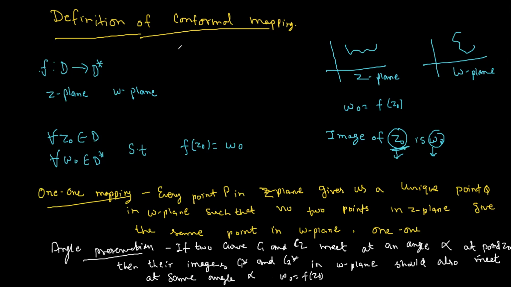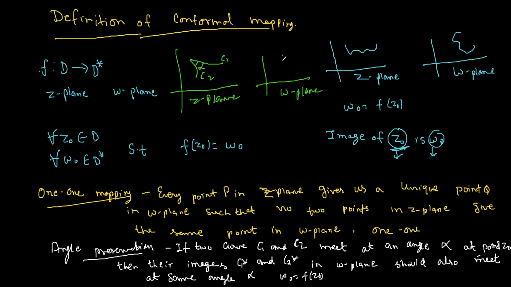I tell you again, suppose this is the Z plane and this is the W plane. The W plane is called the image of the Z plane. Let's suppose there are two curves C1 and C2 and these curves meet at angle alpha.